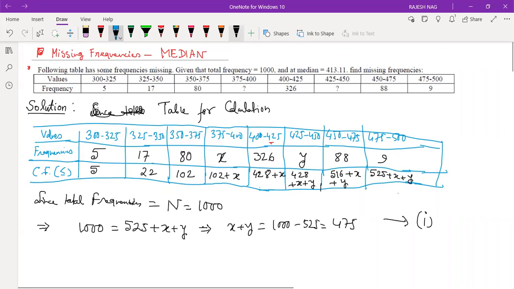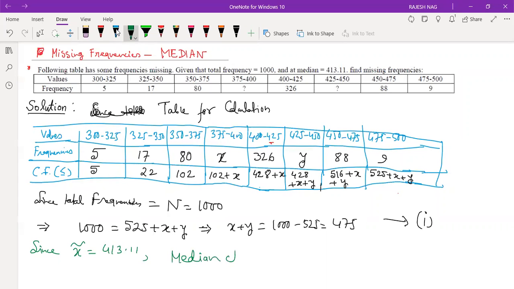Now write it like this. Since median equals 413.11, the median class will be 400 to 425.